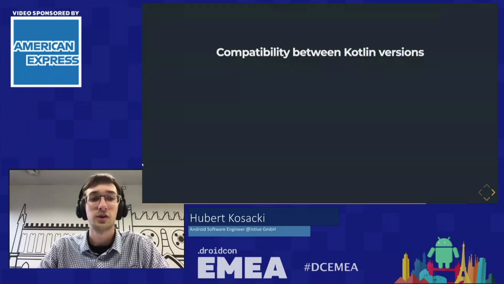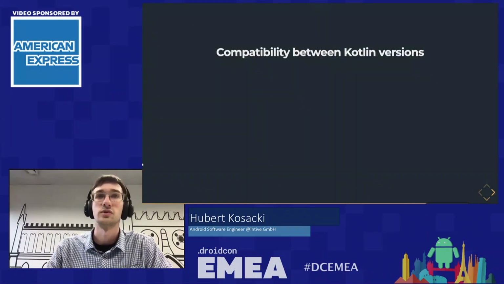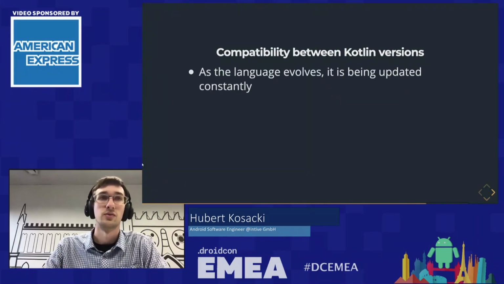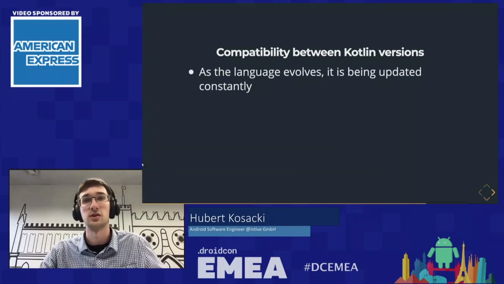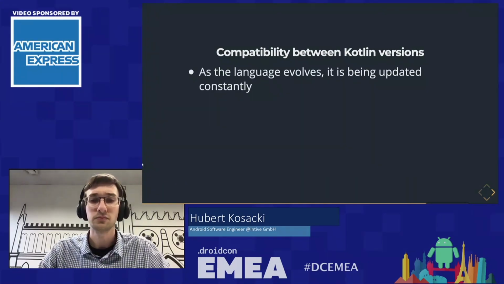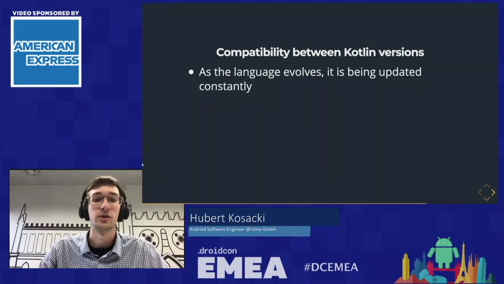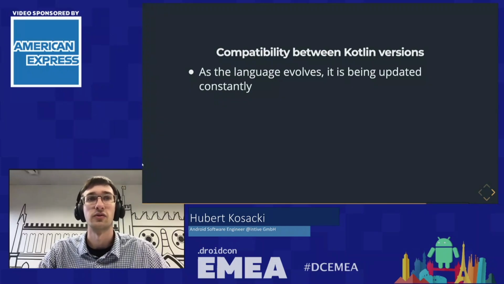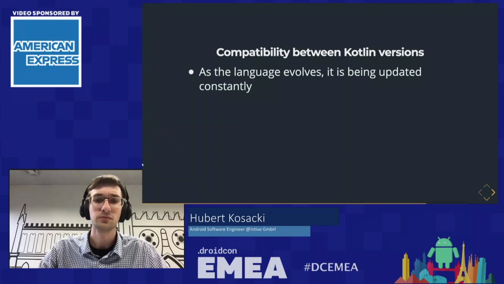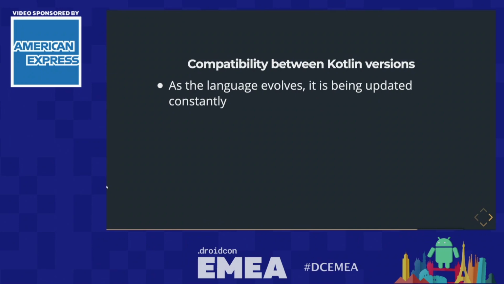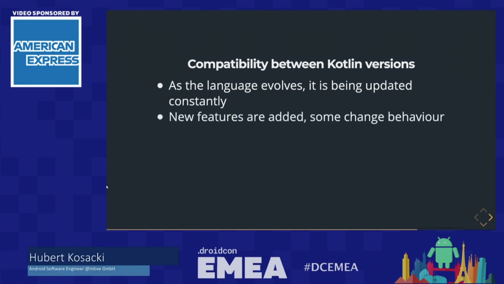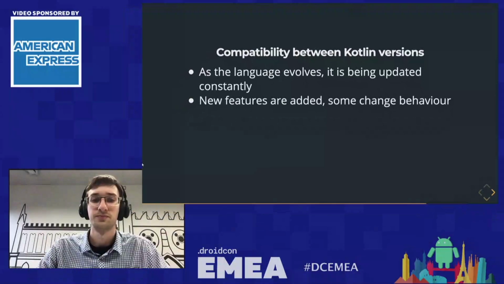Some other topic that also needs to be addressed here is the compatibility between Kotlin versions. As the language evolves, it is being updated constantly. This is similar to what happens to the libraries we are creating. Also, we add new APIs, new functionalities. So we also tend to add new features and change some behavior of some other features.